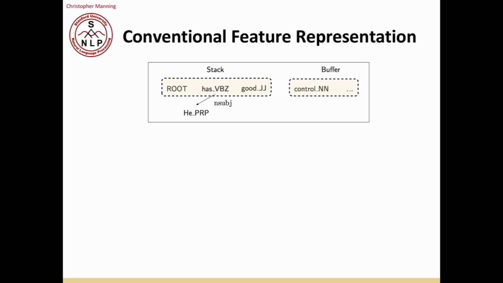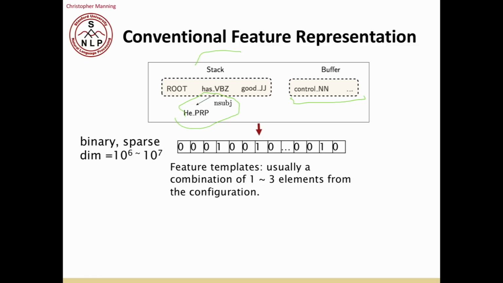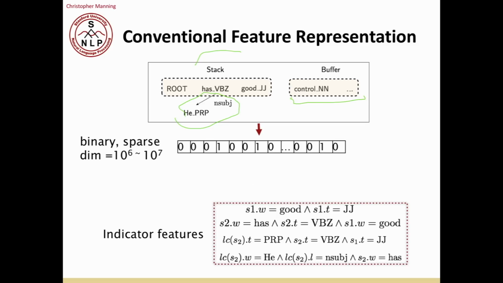Okay, so this is the conventional way in which this was done: we have a stack. We might have already built some structure of working out something's dependent of something. We have a buffer of words that we haven't dealt with, and we want to predict the next action. So the conventional way to do this is to say, well, we want to have features. And the kind of features you wanted was usually some kind of conjunction of multiple things. So if the top word of the stack is good, and something else is true, right?